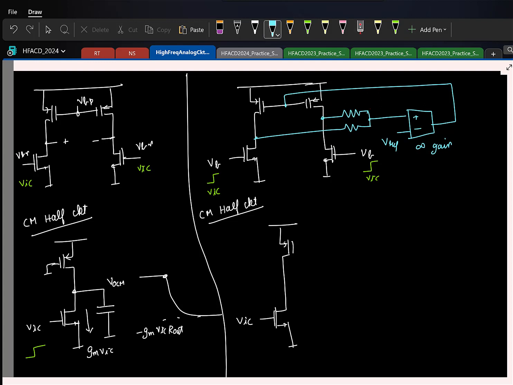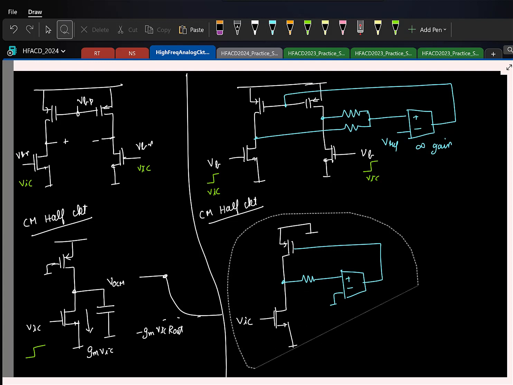So I will have one copy of the resistor that goes to this, and let us say I am drawing the small signal, so supply is ground. This Vref is also small signal ground.